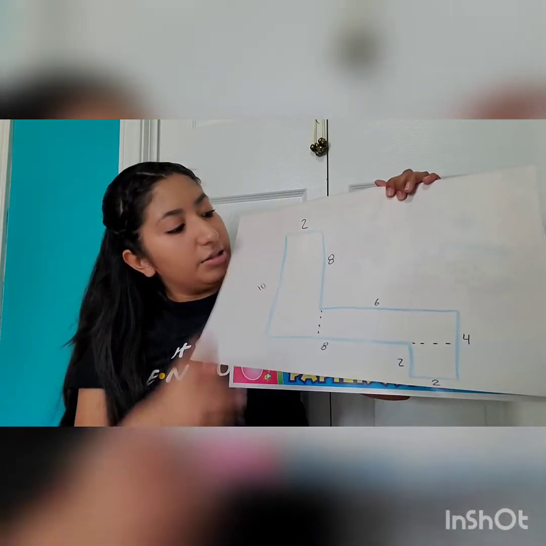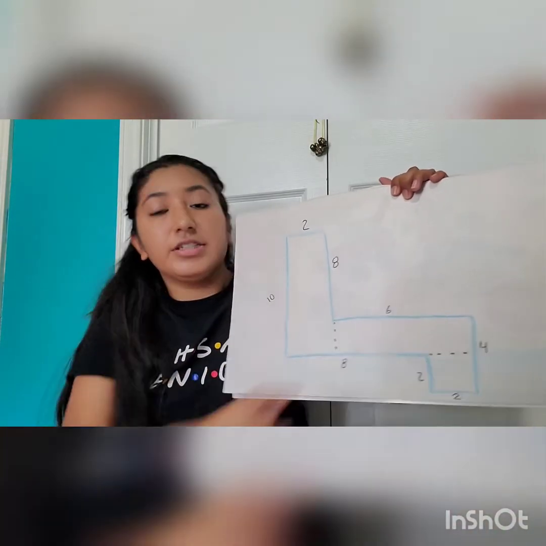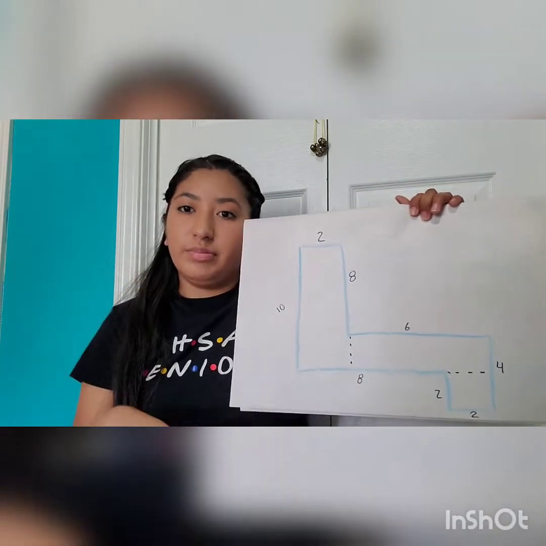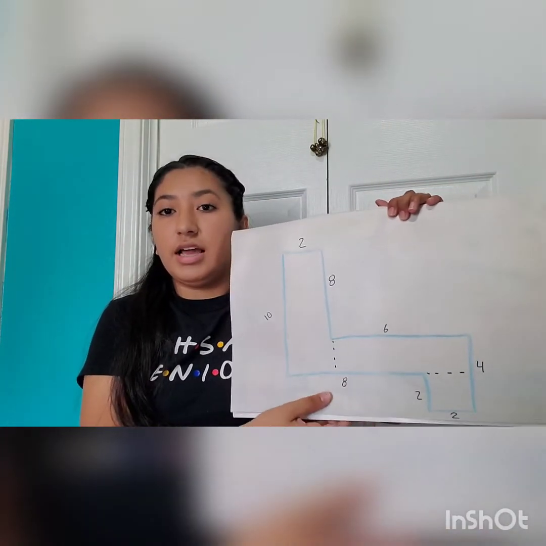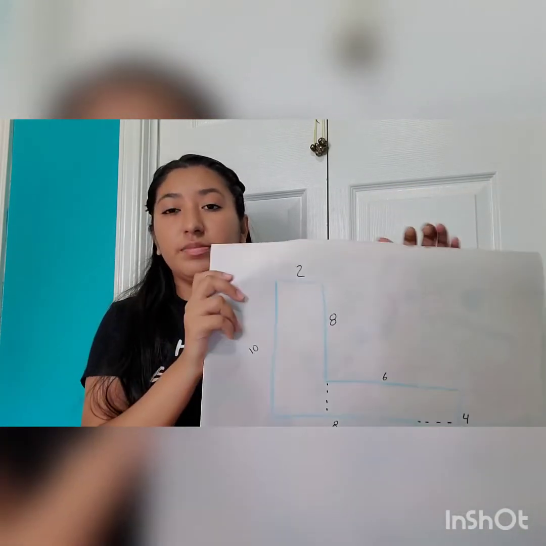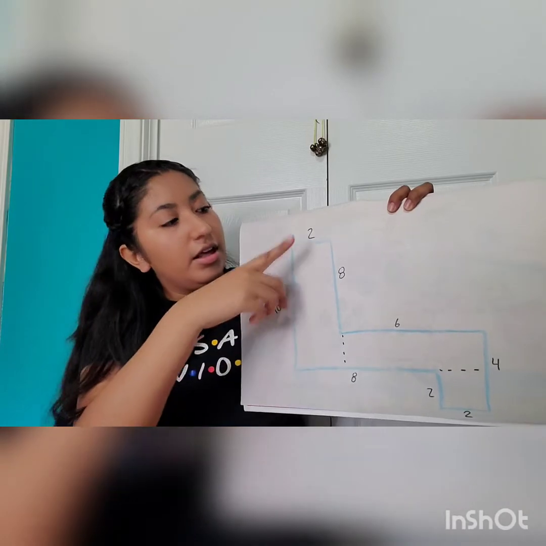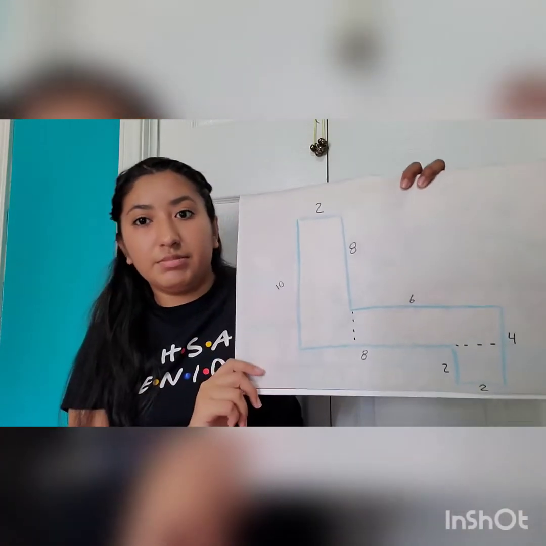So I'll say, okay, class, we have figure A, figure B, and figure C. How exactly do we find the area of it? Since students in previous lessons already learned how to find area, they might say, simple, teacher, let's just do what we've been doing before, which is multiplying the length times the width.